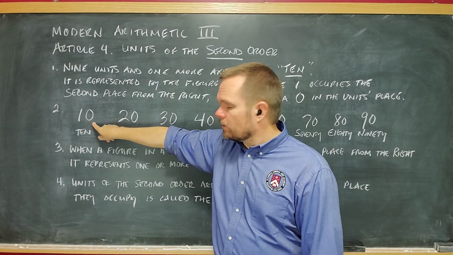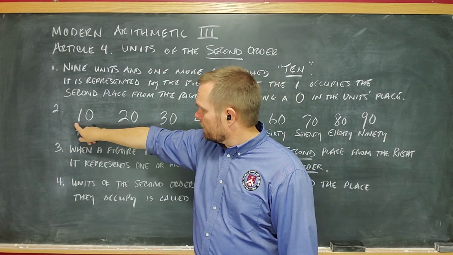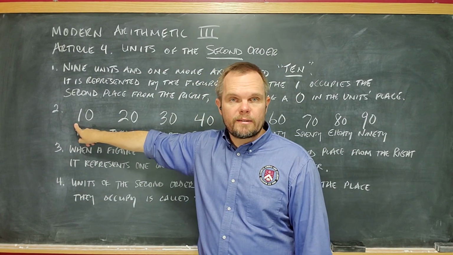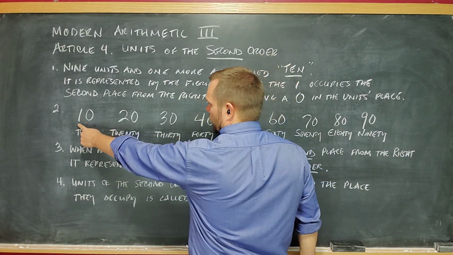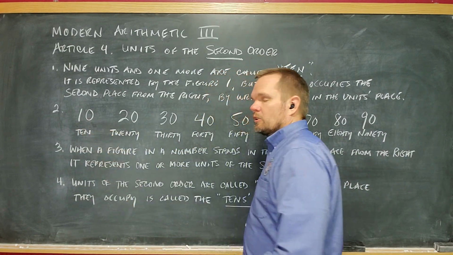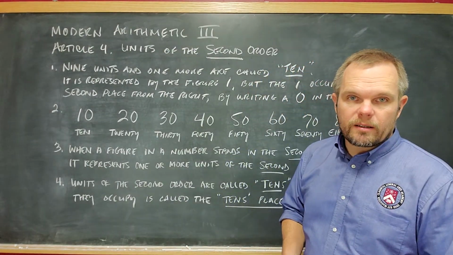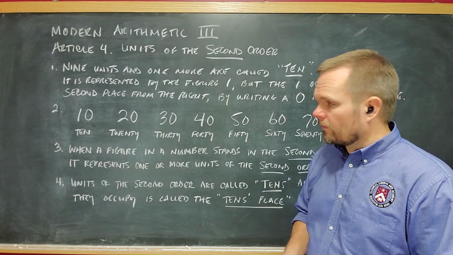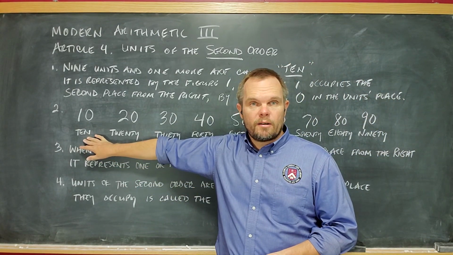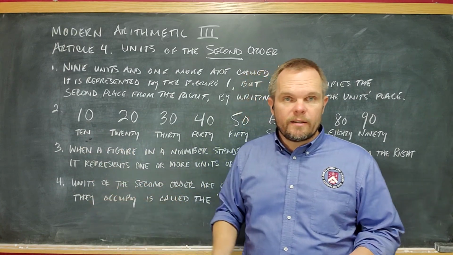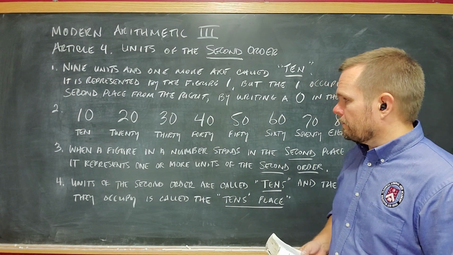So we write the number 0 in the first place, and we write the number 1 in the second place. And this number, written with 1 and 0, expresses the number 10 in Arabic notation. So we're now up to 10 different numbers with the same 10 figures that we learned in Article 3. Okay?